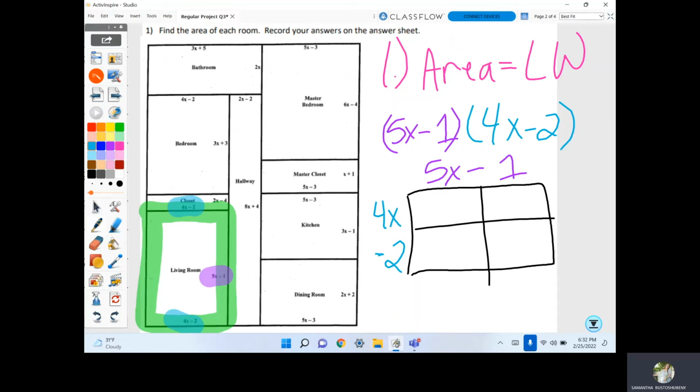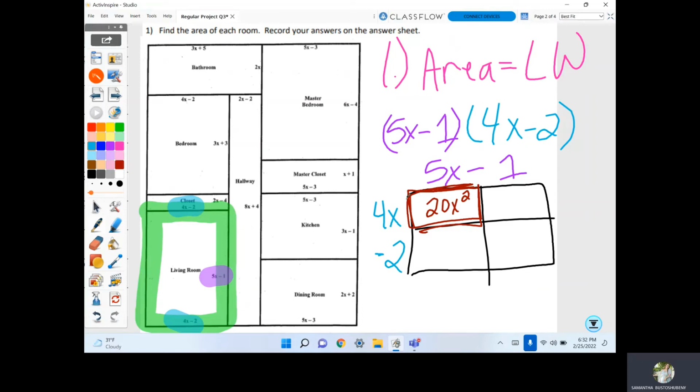Now, with the box method, keep in mind you are finding the area of each section of this box. So for example, the area of this box right here is going to be length times width. 5x times 4x is 20x squared. If it helps you to write all around the box to help it make sense, go for it.